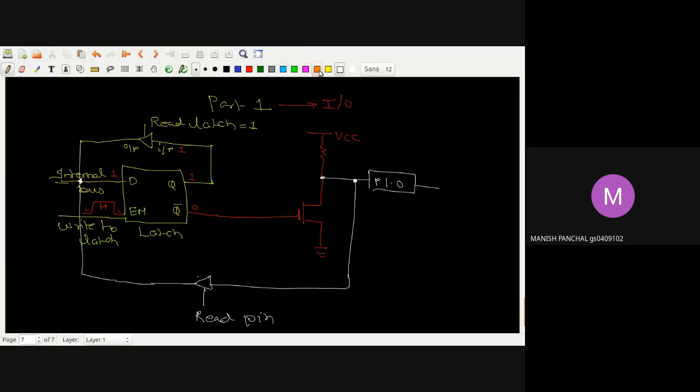So if I am saying this is my tri-state buffer 1, which one? This one. Okay, this will be enabled when you are giving the read latch equal to 1, and similarly this is your tri-state buffer number 2.